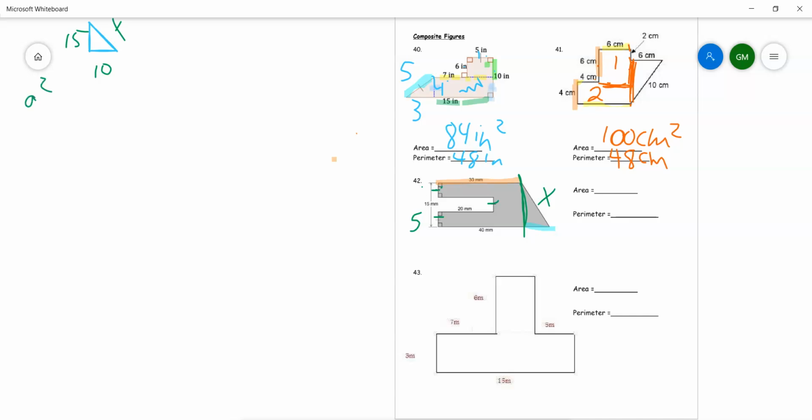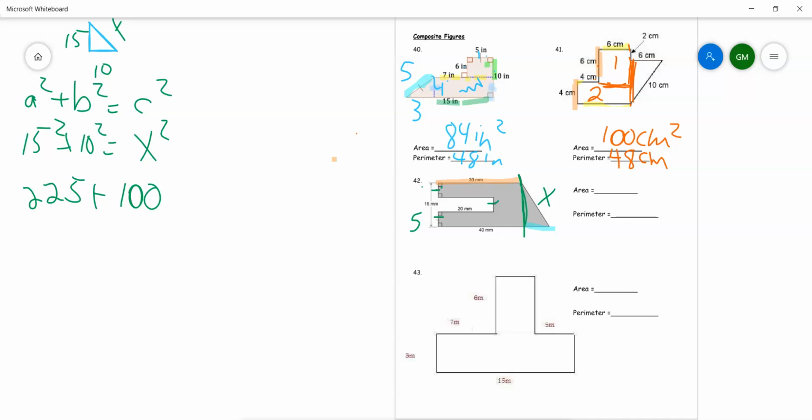So with our Pythagorean theorem, we're going to have 15 squared plus 10 squared equals x squared. 15 squared is 225 plus 10 squared, which is 100, equals our unknown value squared, 325. x squared, take the square root.